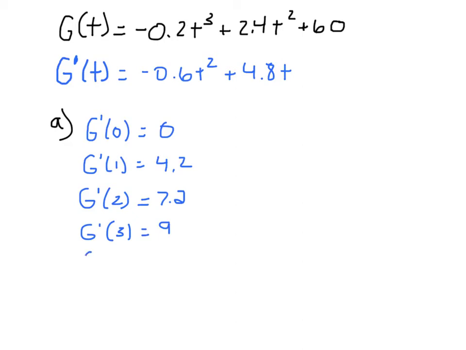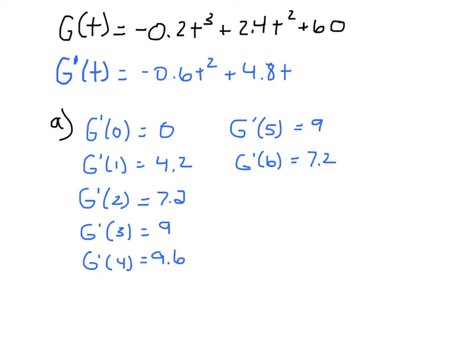G prime of 4 is 9.6. G prime of 5 is back to 9. G prime of 6 is back to 7.2. G prime of 7, you can probably guess where this one's going to be. Yes, it's 4.2. And G prime of 8, we're back to 0.